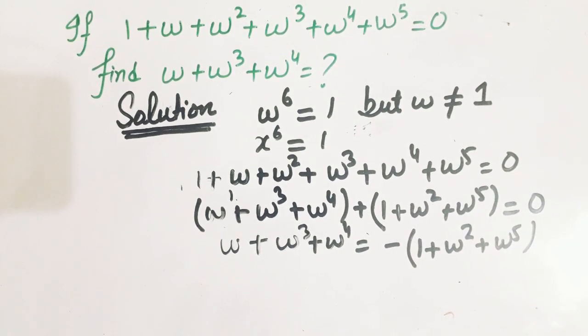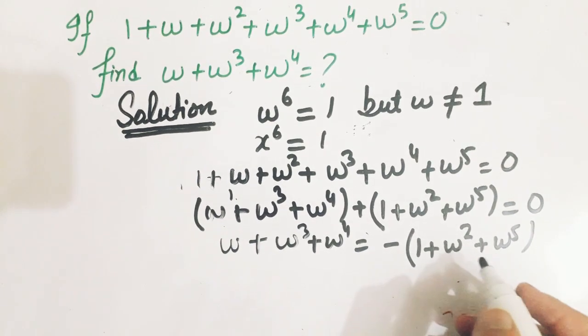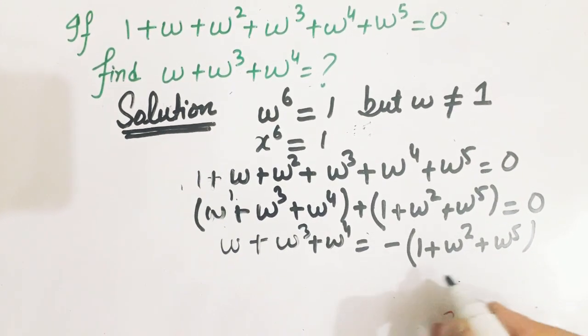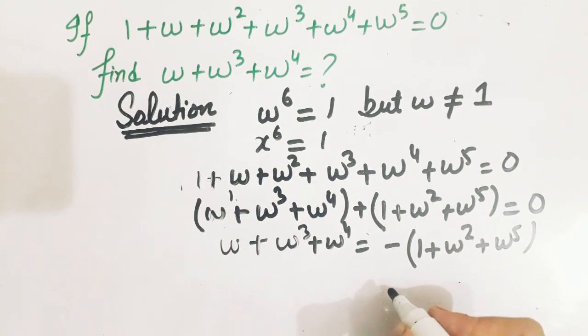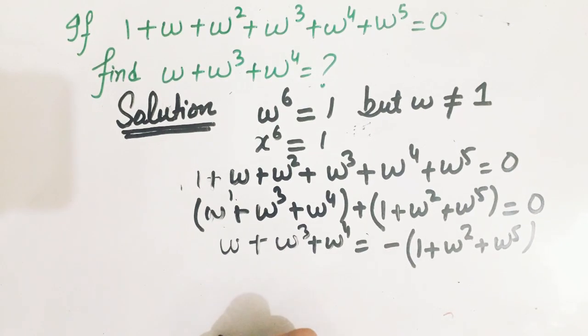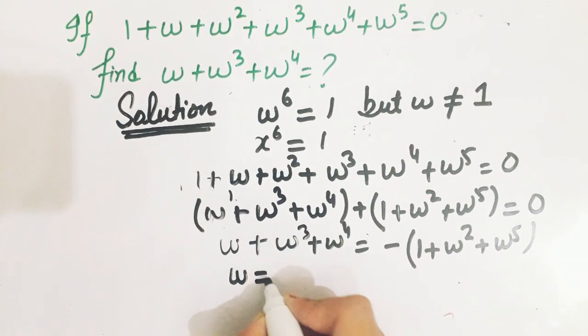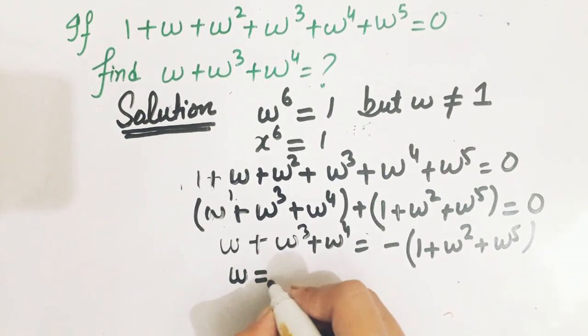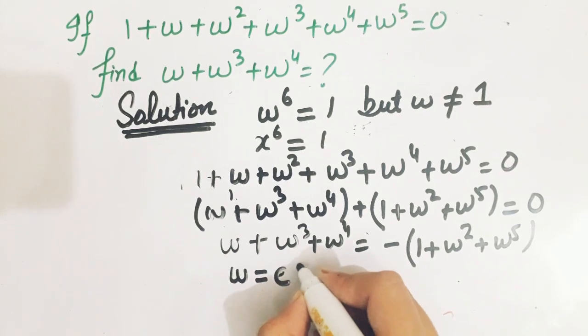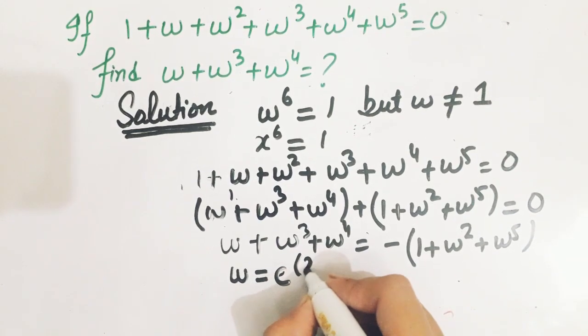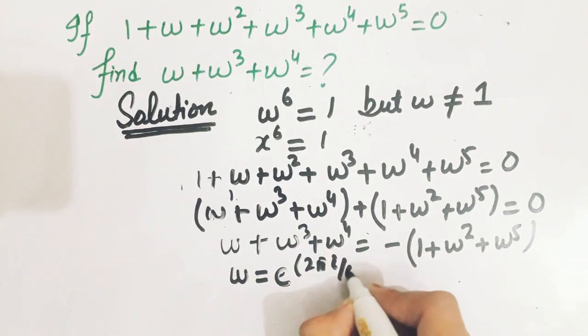So we use the known values of omega in this question and find the answer, because omega is equal to e raised to power 2 pi iota by 6.